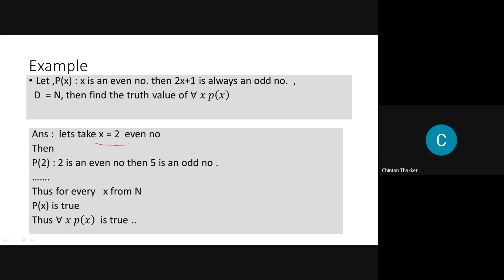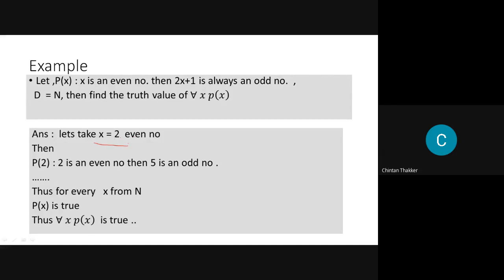For x equal to 2, the 2 is an even number, so this statement is true. Then 2 into 2, 4, 4 plus 1, 5. So 5 is an odd number. This is also true. So when in a conditional statement both statements are true, then the conditional statement is true. So that means P of x is true here.